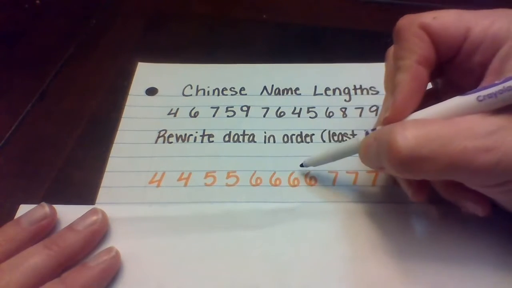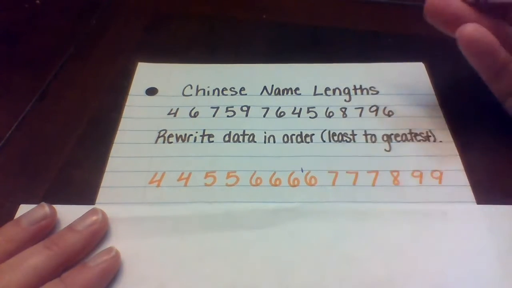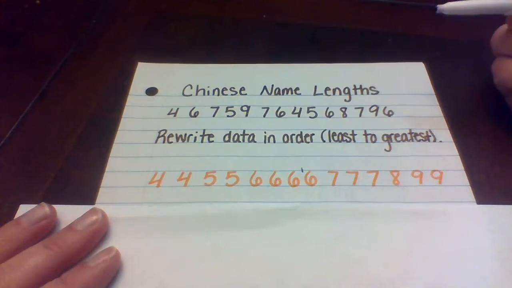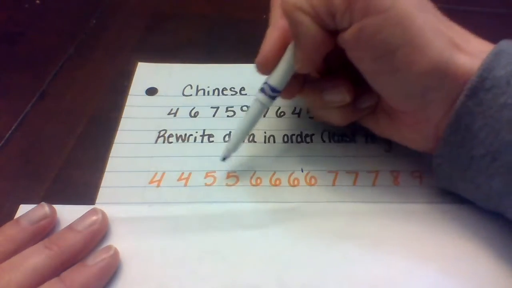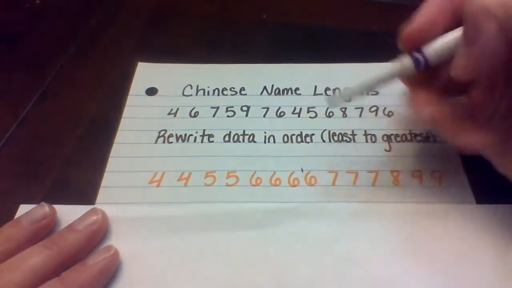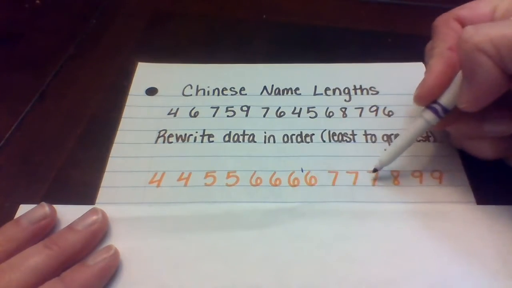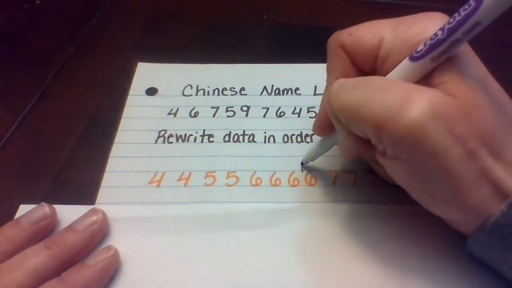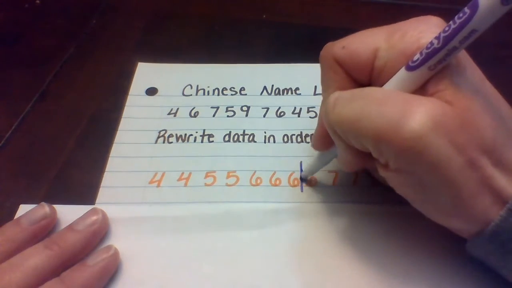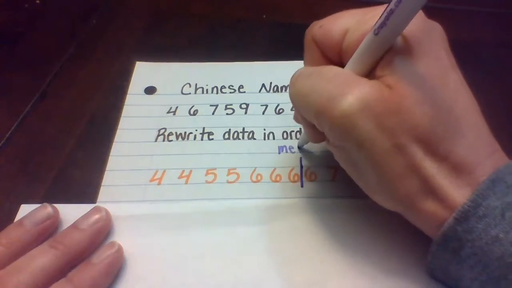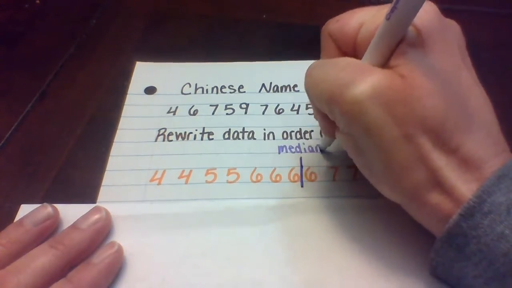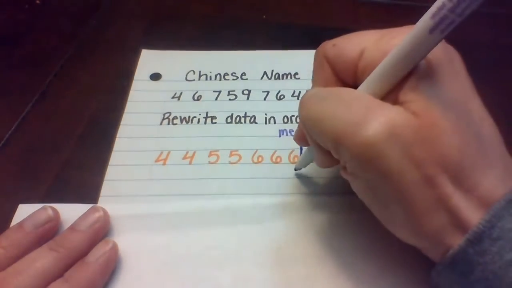It should be right here. So I'm just going to double check. Do I have 7 pieces of data on each side? 1, 2, 3, 4, 5, 6, 7. And 1, 2, 3, 4, 5, 6, 7. Perfect. So right here is going to be my median, which is my Q2.